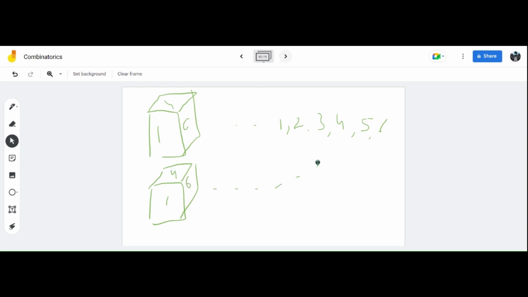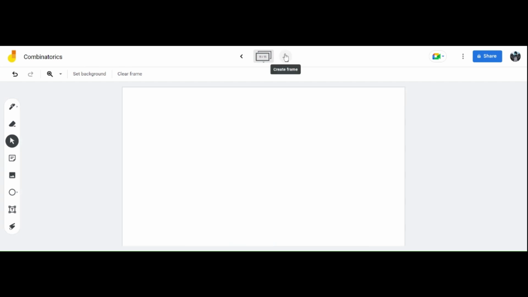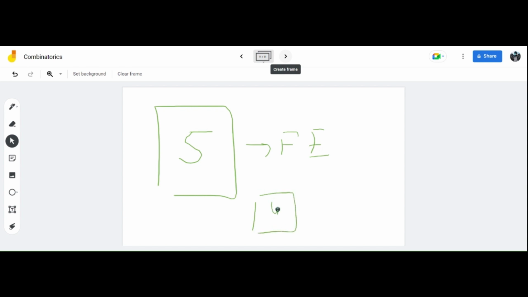Okay, so there are two same dice, and when the first throw of these two dice is done, the sum of the faces on top should be 5. This is the first event, and it should be 4 in the second event, right?